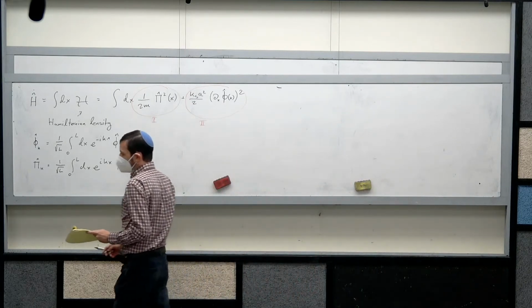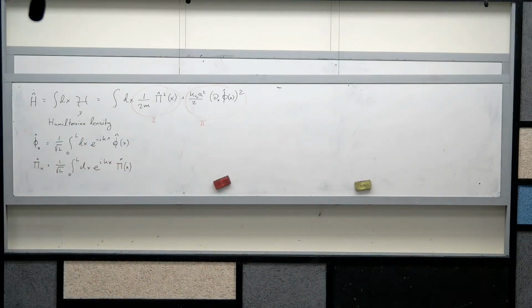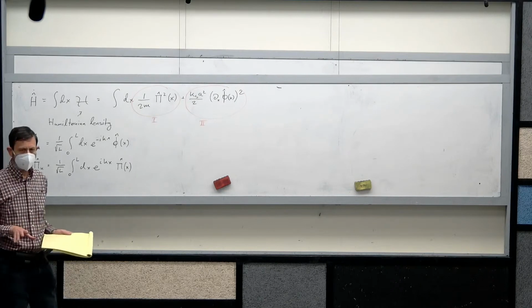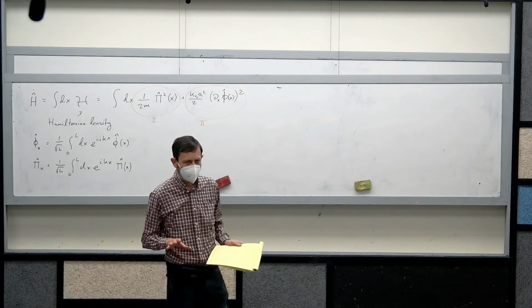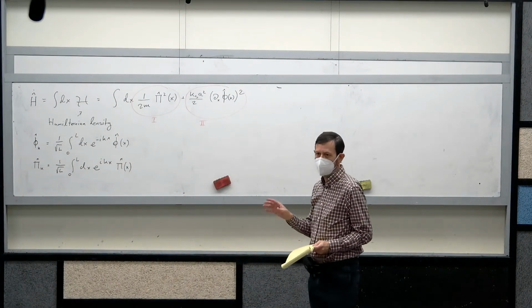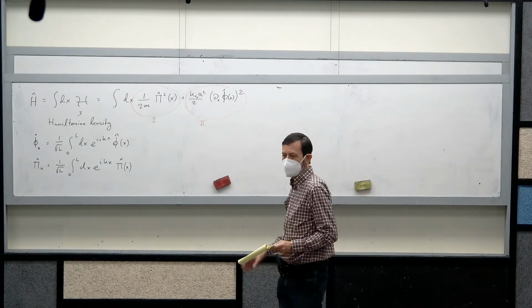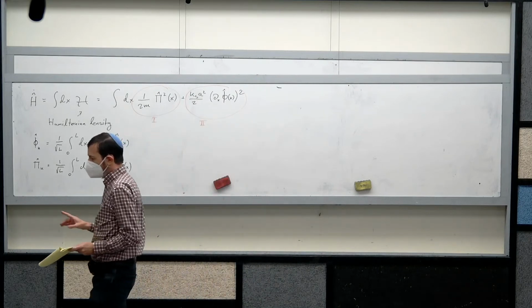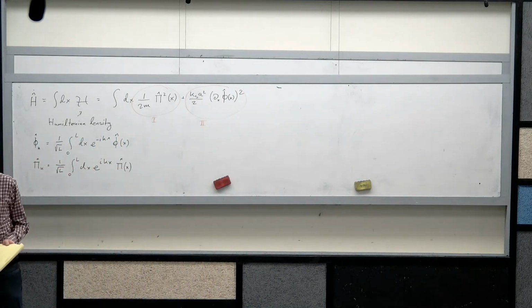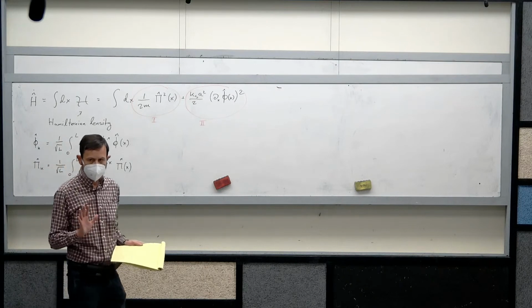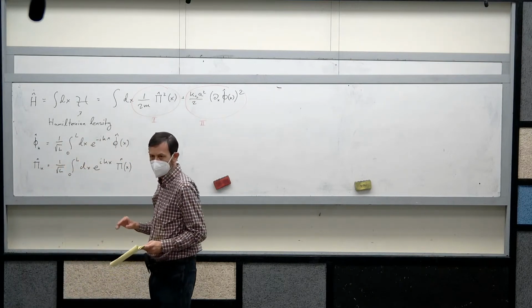In this case, I'm going to do the full calculation with all the details for two reasons. One, once in your life, you should see how it's done. And second, there are a few subtle, small points, but still it's good to see them.